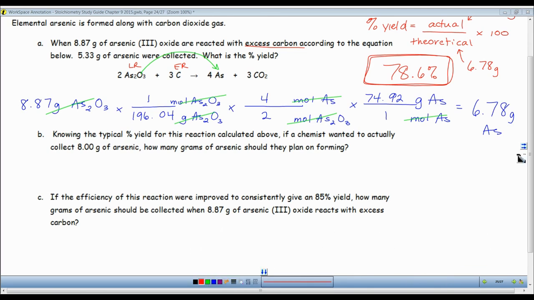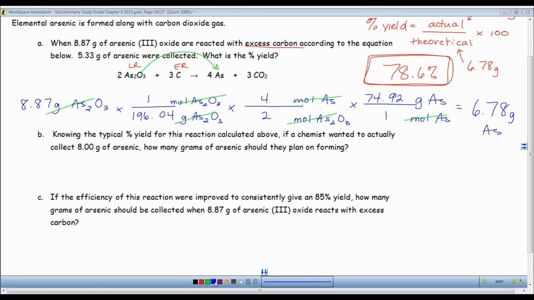Okay, so part B. Knowing the typical percent yield for this reaction calculated above, if a chemist wanted to actually collect 8 grams of arsenic, how many grams of arsenic should they plan on forming? Oh, brother. Okay, this is all about the wording. I mean, we get the equation, actual over theoretical.